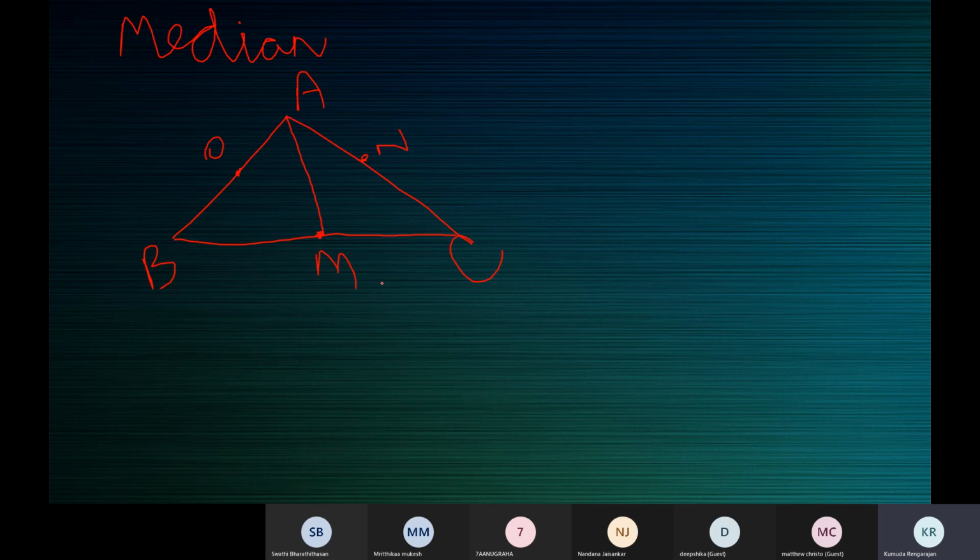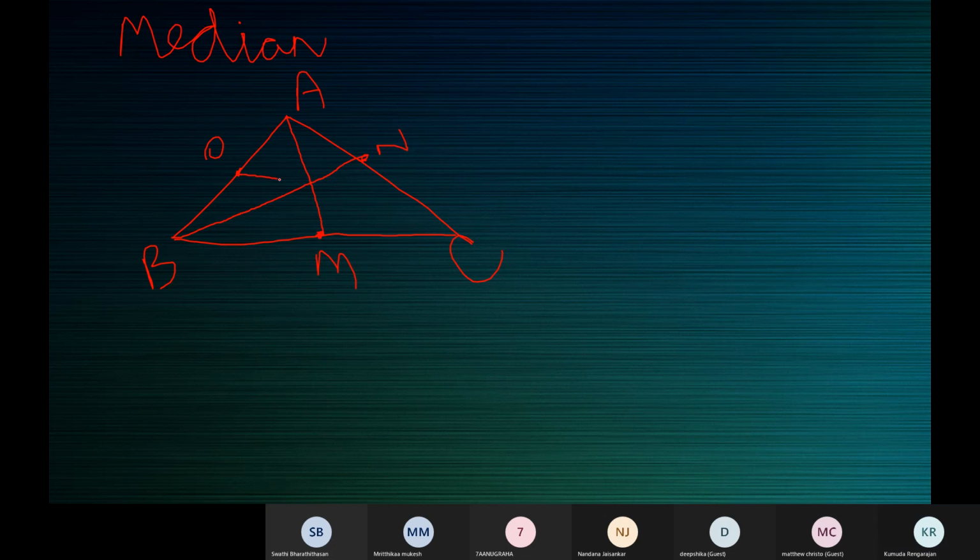Why is it called a median? Because it's a line segment from the vertex to the midpoint of the opposite side. Similarly, BN, if you join the vertex B to the midpoint of the opposite side, it's called the median. BN is a median because it is from the vertex to the midpoint of the opposite side AC.